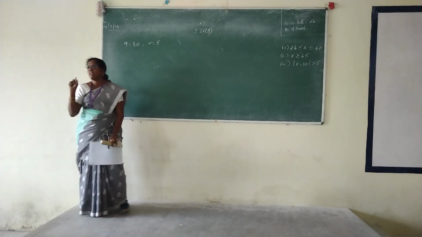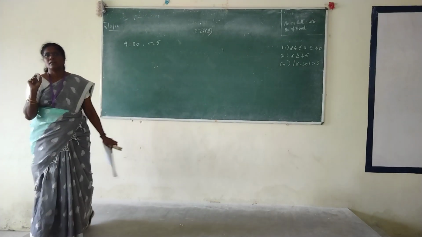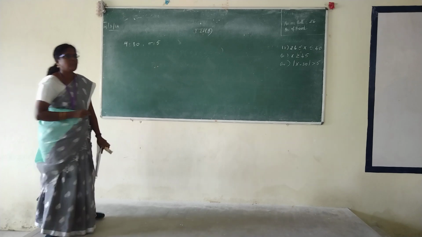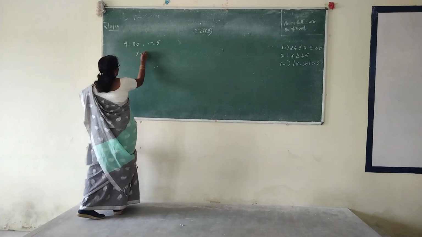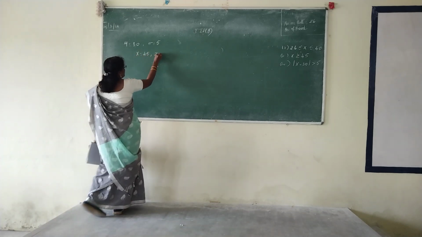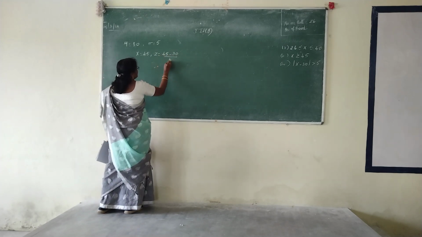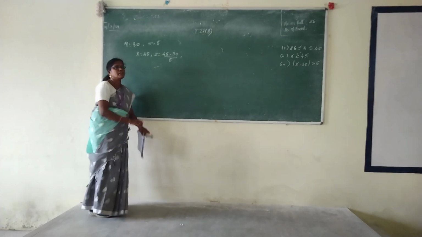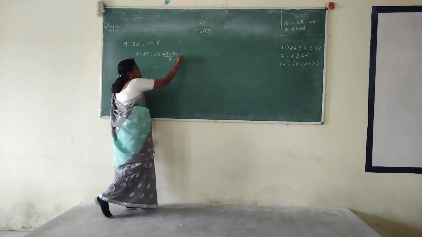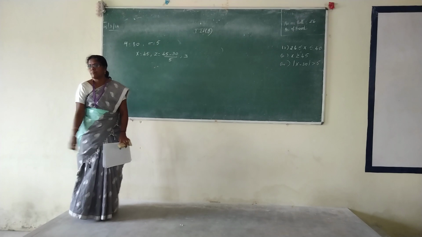So how many x values are given? Only one. Find the corresponding z value. When x equal to 45, z equal to (45 minus 30) by 5. Answer 3. Z equal to 3.